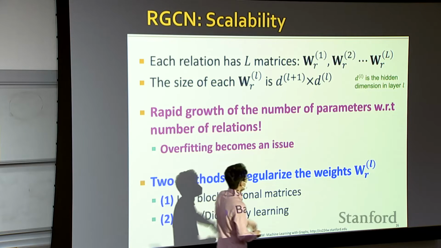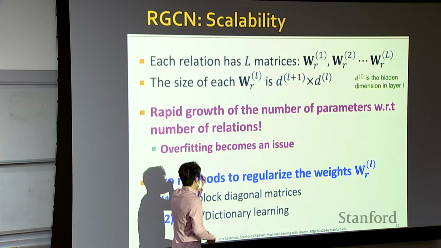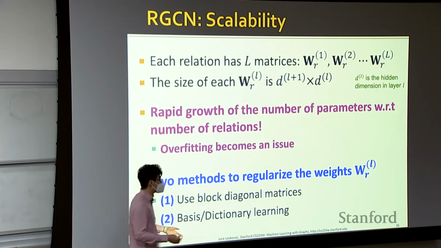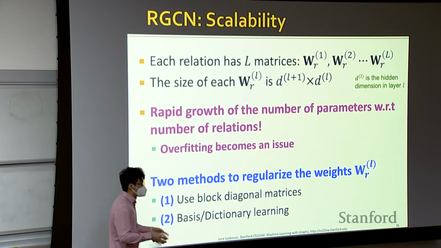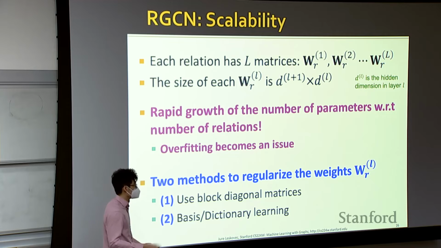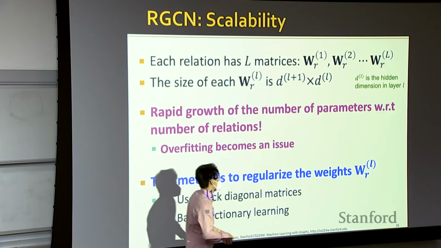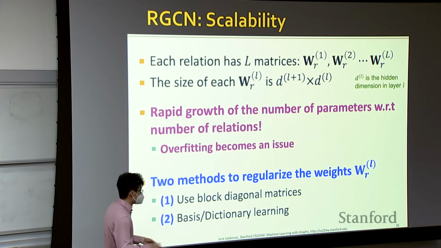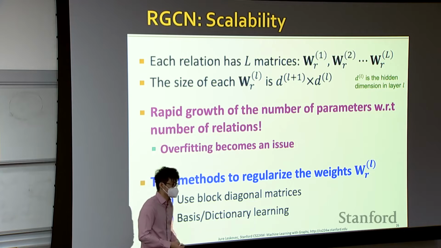So ultimately, we have R different weight matrices, and each weight matrix has the complexity of D squared, which basically says we have the input dimension for a given node type, and then we want to project it into the D(l+1) dimension for the next layer. So this is the shape of a given weight matrix, and we want to have R different weight matrices.